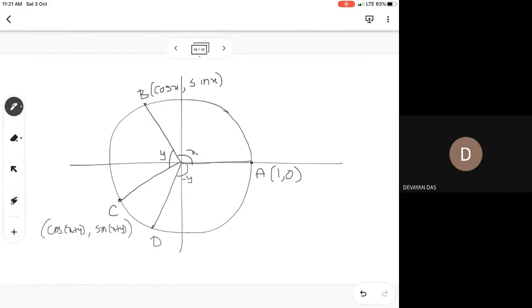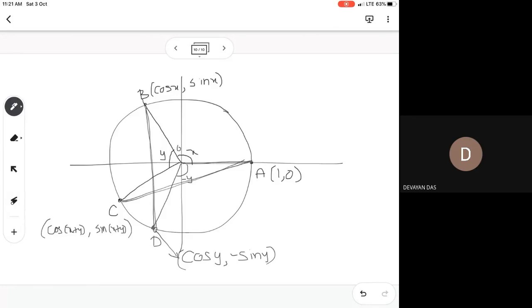So then the coordinates of D: cos(minus y) is equal to cos y, and sin(minus y) is equal to minus sin y. So these are the coordinates. Now, triangles AOC and BOD are congruent. Why are they congruent?